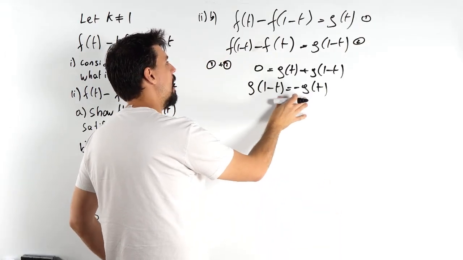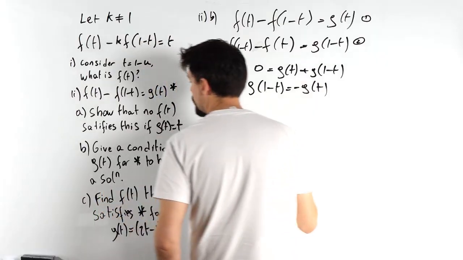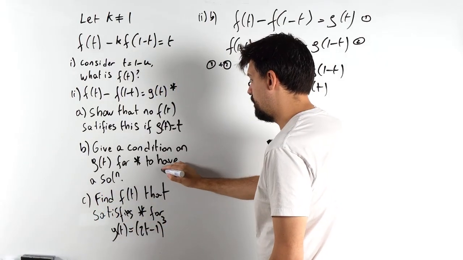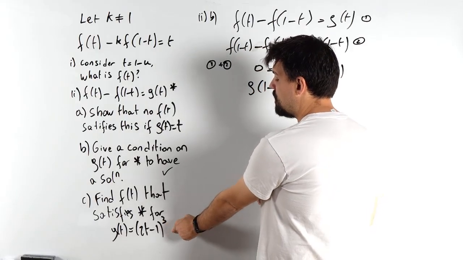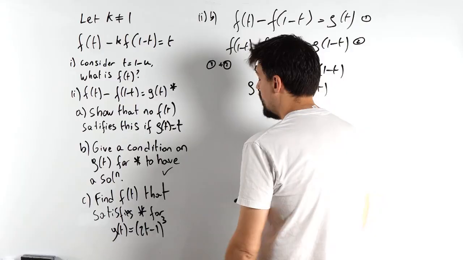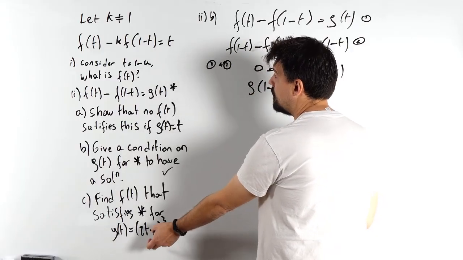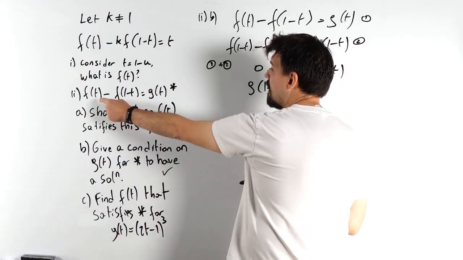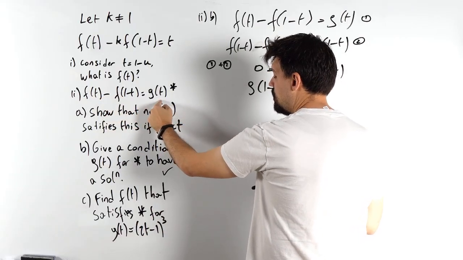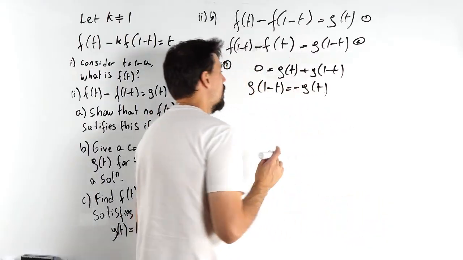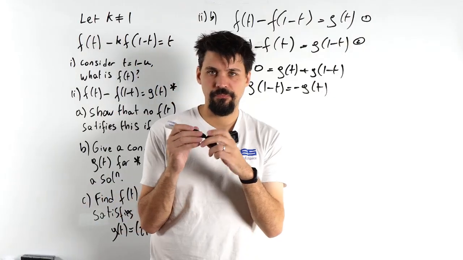But this is an absolute must-have. Cool, done. All right, well, let's find a solution for g of t is this. So I need to find an f that satisfies f of t minus f of 1 minus t is 2t minus 1 cubed.